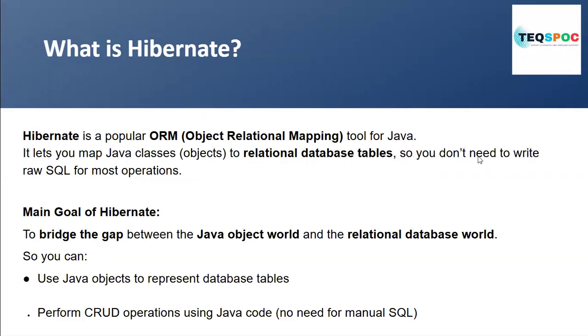So you do not need to write raw SQL queries for most operations when you are using Hibernate. The main goal of Hibernate is to bridge the gap between the Java object world and the relational database. You can use a Java object to represent a database table, and it helps us perform operations using Java code. No need to write SQL queries.